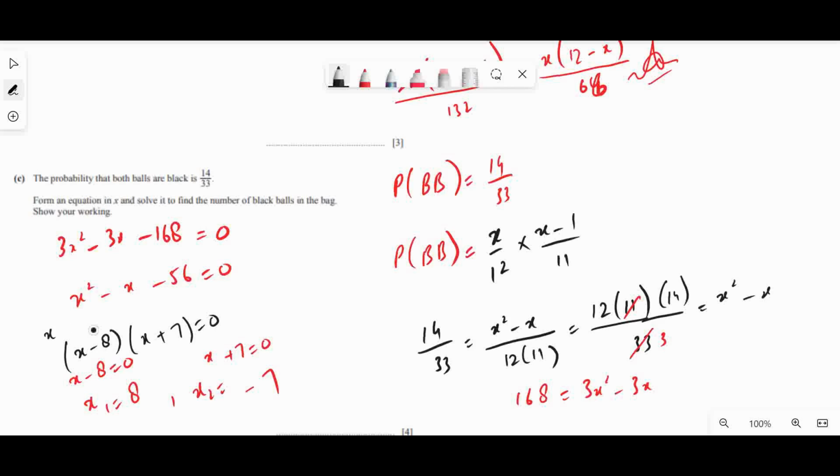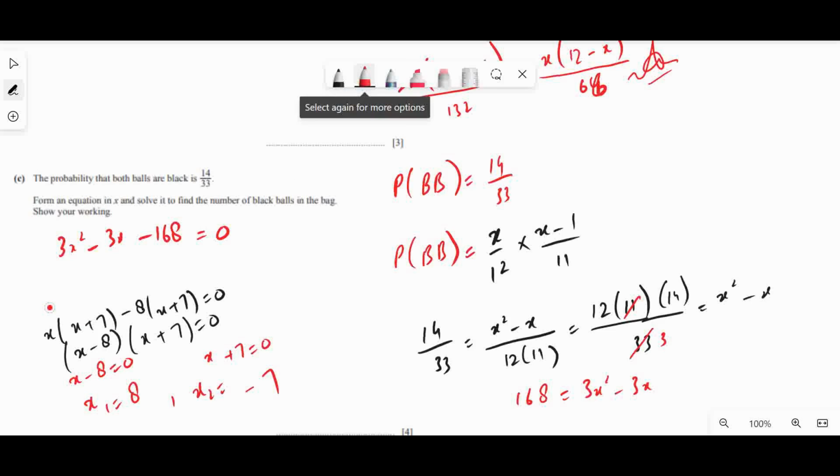So here we can write it as x into (x plus 7) minus 8 into (x plus 7) is equal to 0, and expanding, this will be x square plus 7x minus 8x minus 56 is equal to 0.